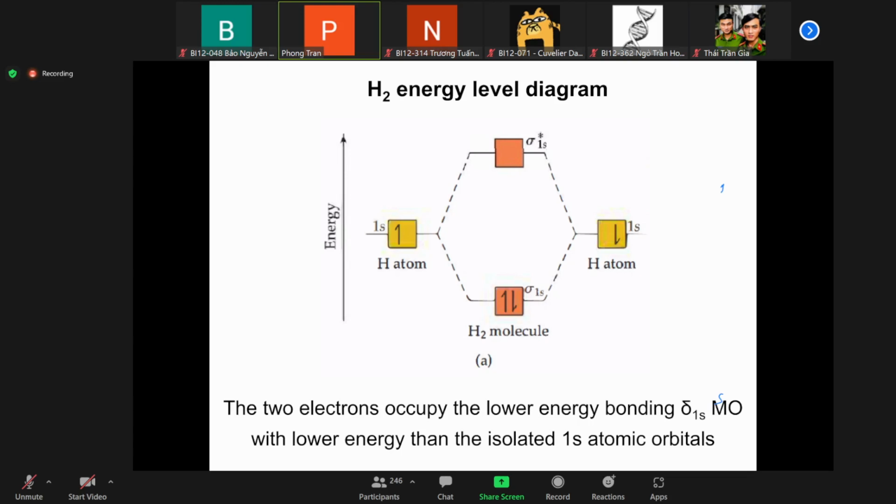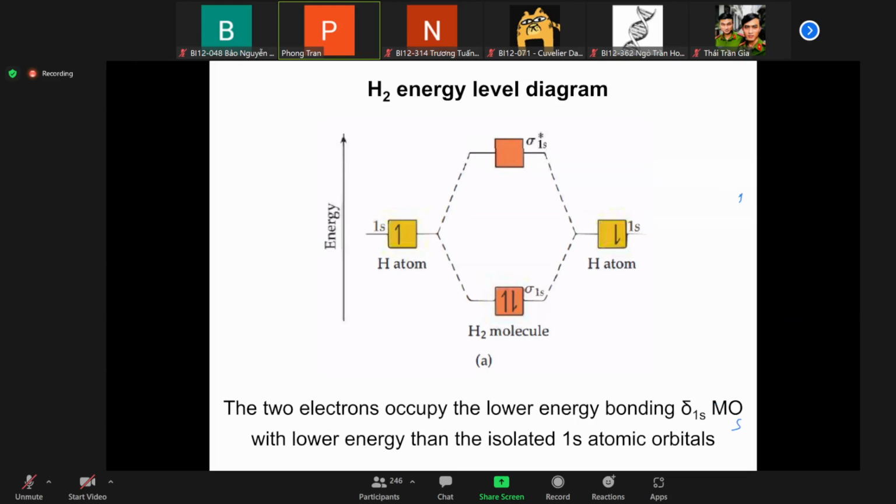So in the molecule of hydrogen, each hydrogen brings one electron s, so the two hydrogens have two electrons. If the two electrons occupy the bonding orbital here, the total energy of the system will be lower.